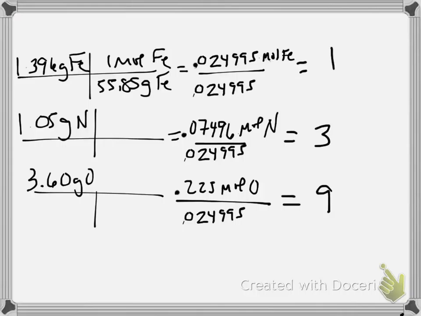So we've got iron with a subscript of 1, nitrogen with a subscript of 3, and oxygen with a subscript of 9. You got full credit for writing the empirical formula if you wrote that. But what a lot of you noticed, and what I was really happy to see, is you went, oh, that looks like iron nitrate.